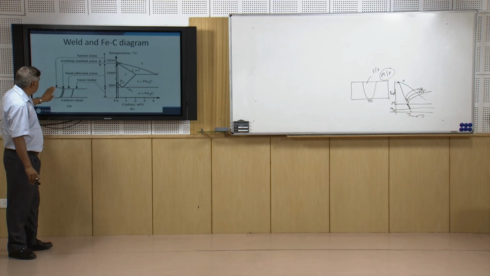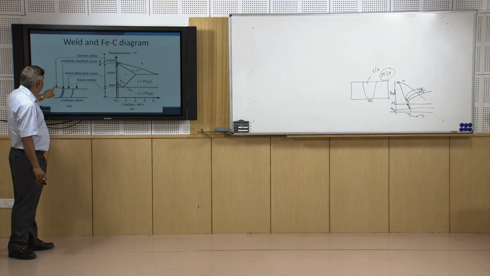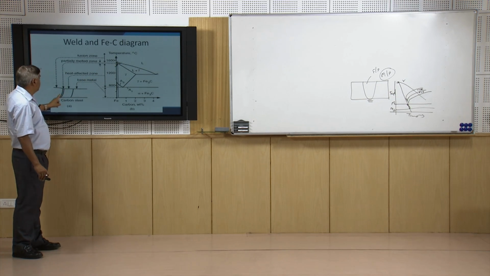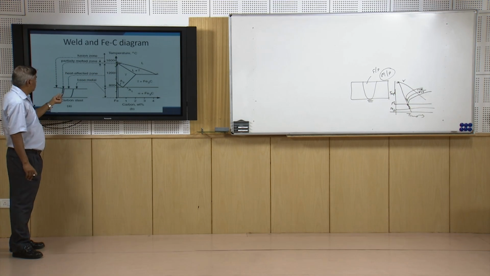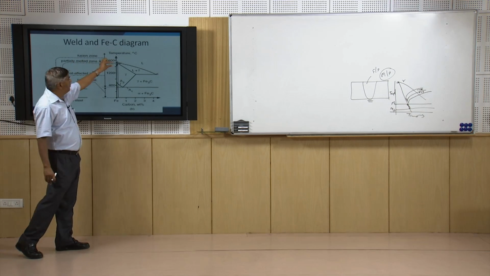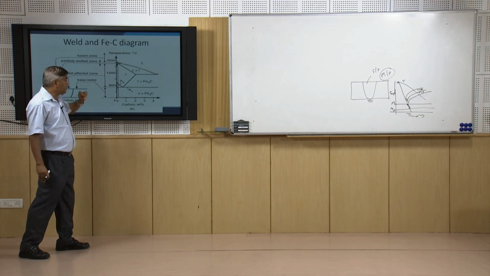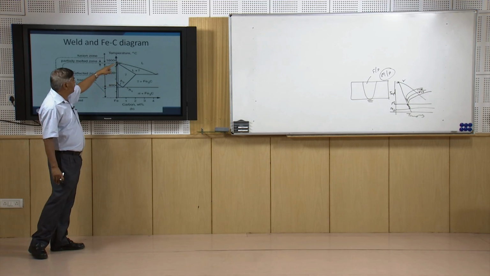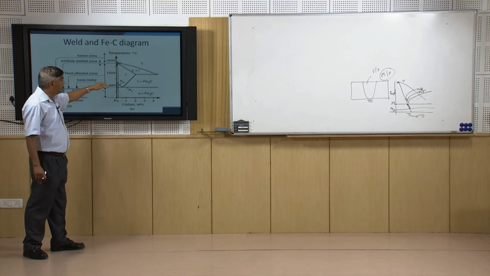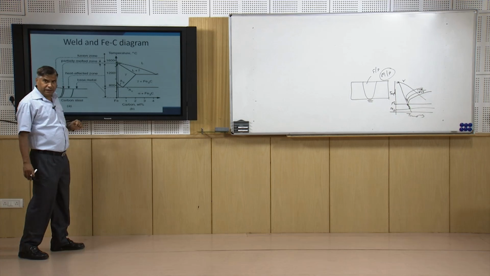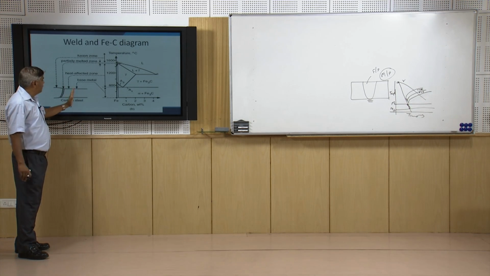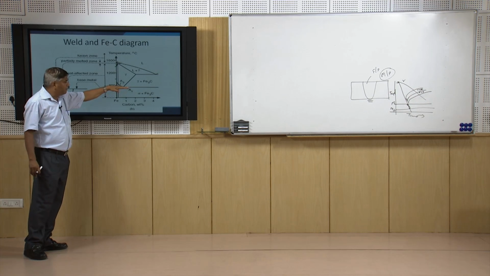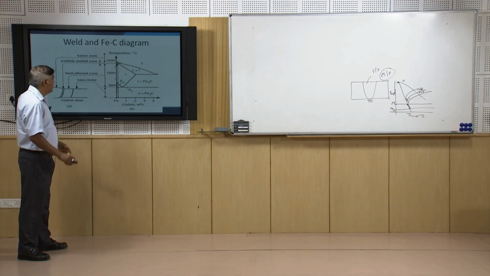The weld zone will be heated above the liquidus temperature, and next to the fusion boundary there will be the two phase zone falling between the liquidus and solidus. Then we will have the heat affected zone, which is below the solidus and above the upper critical temperature, and then we will have the base metal, which will be below the lower critical temperature.